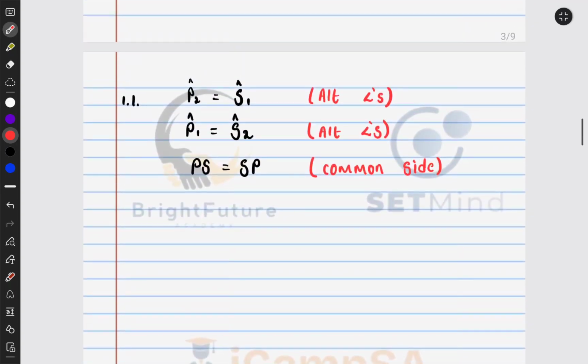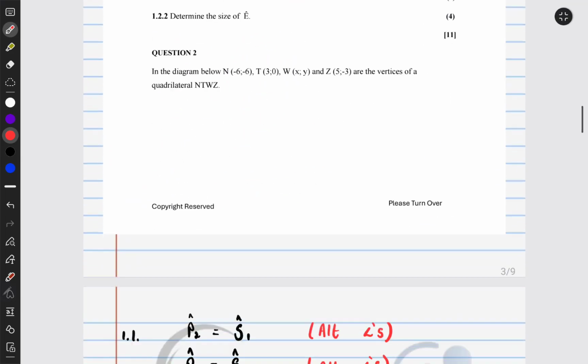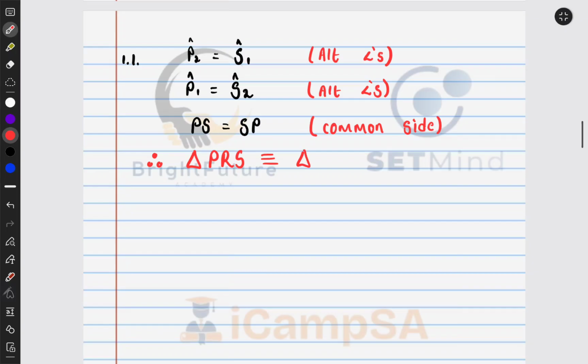Since we have proven that they are congruent, we can say therefore triangle PRS is congruent to triangle PQS, based on side and angle.